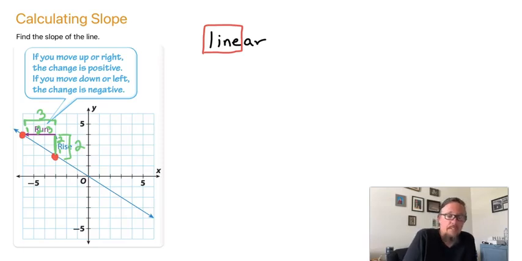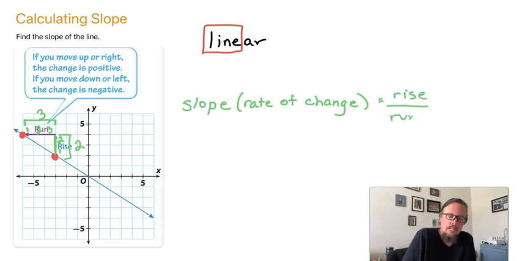The way that we find rate of change, which is also called slope, is rise over run. It is the change in the y coordinate, the up and down, over the change in x, which is the left and right.